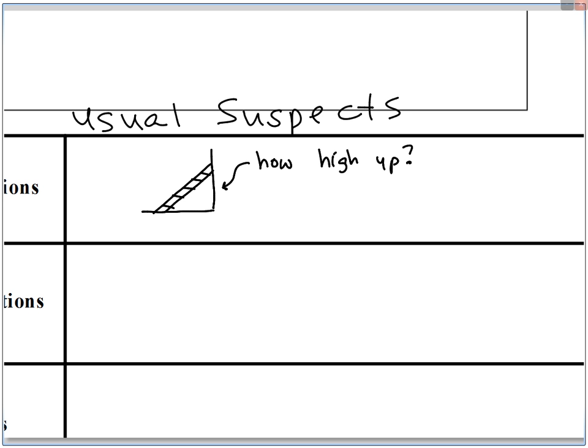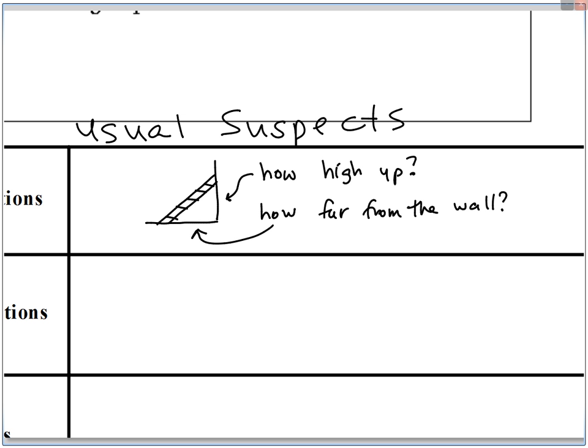This side. If they say how far from the wall, then they're looking for this one. Or if they say, what is the length of the ladder? Then it's this. So that's how they'll change that up.